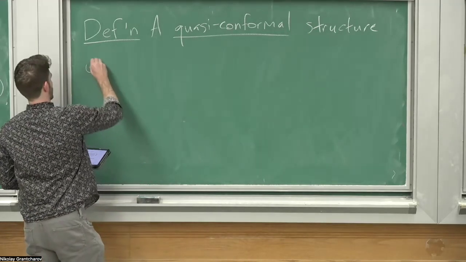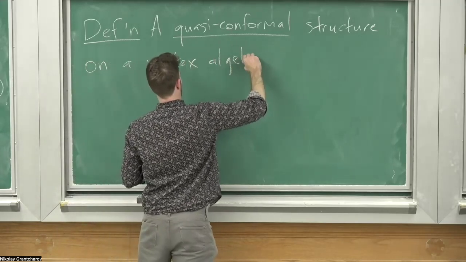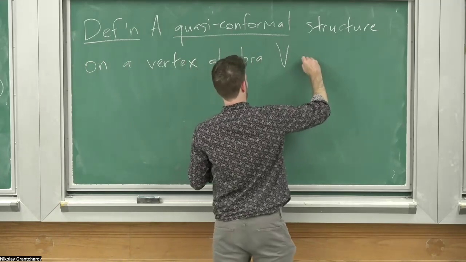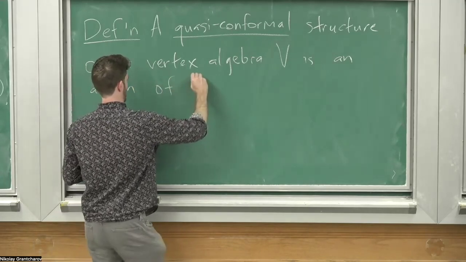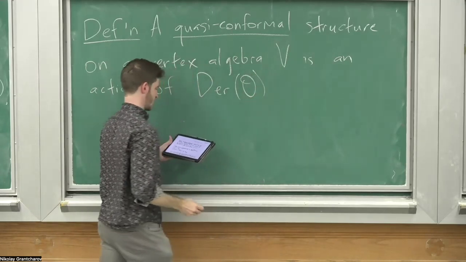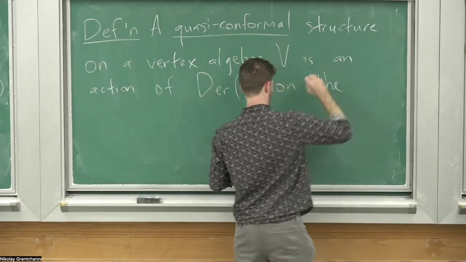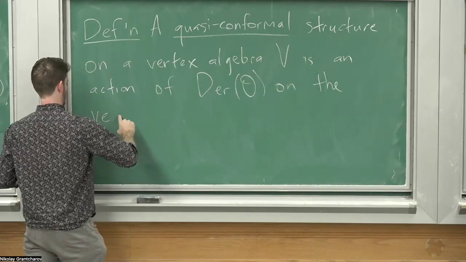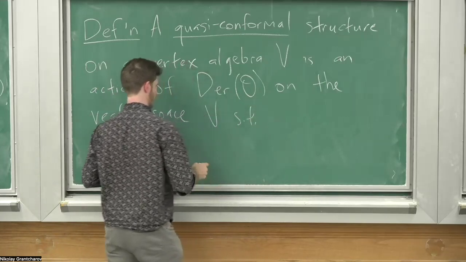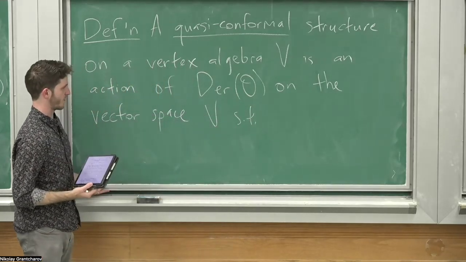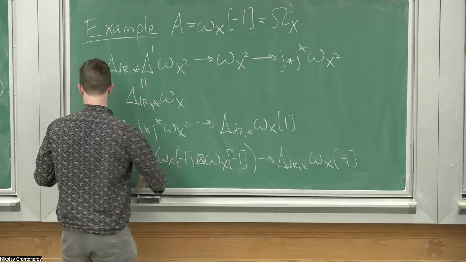So a quasi-conformal structure on a vertex algebra V is first of all an action of the Lie algebra of derivations of O on V, and let me say on the underlying vector space V. There will be a compatibility, of course, with the vertex algebra structure, but it's not obvious what it is, so I'm about to write that. Conditions.